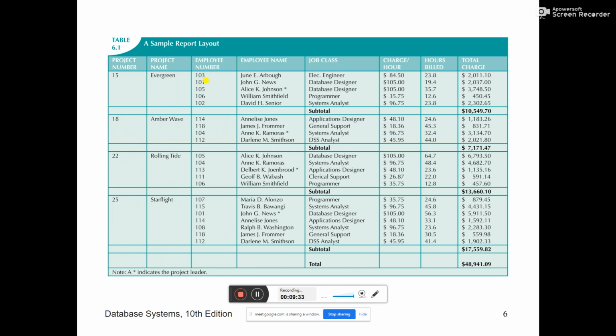So the total charge for this employee is $2,011.10. Okay. So you got it. Total charge is a derived attribute. It is not part of the database. Okay, so this is the example table that we are going to discuss.